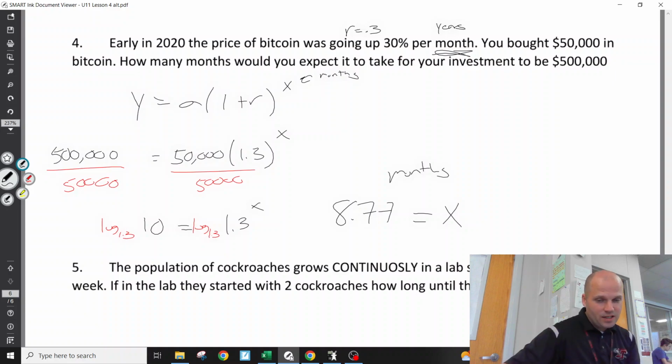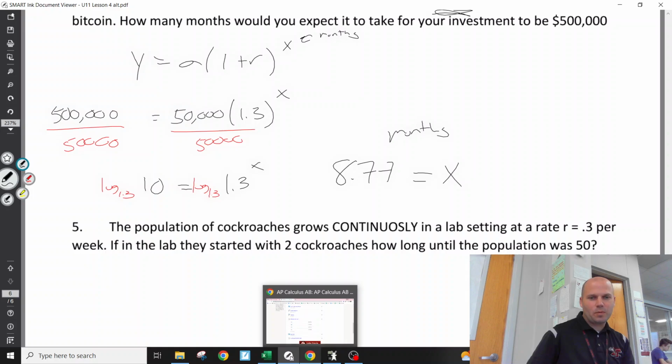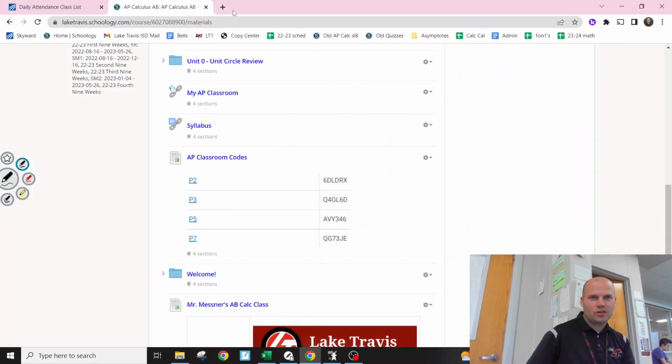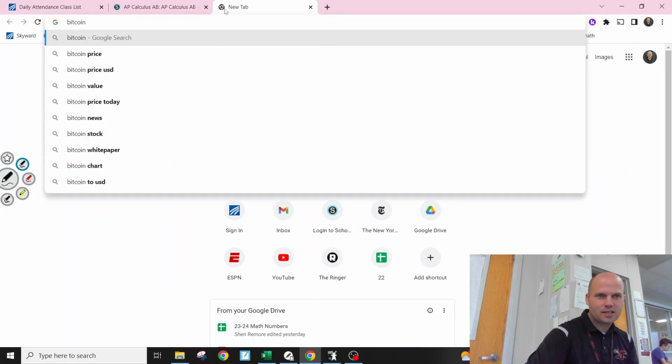What's realistic is getting like 3% per year in a savings account. That you can count on. It is not realistic to get 30% per month. People invested in Bitcoin thinking that they would get rich. Yeah, Bitcoin went up, but then it tanked. Past performance is not indicative of future returns. That is something you'll learn if you take a finance class.